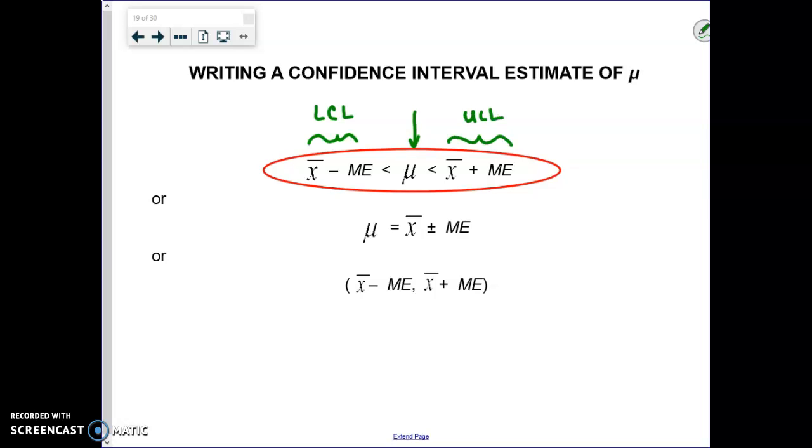In other words, you're going to have a value less than the population mean, less than your upper value. As we do an example, I'll show you this. There are other ways that people write it, as an ordered pair, and I don't like that because you don't know what your parameter is. So we're going to use the notation that I have on this very first example.